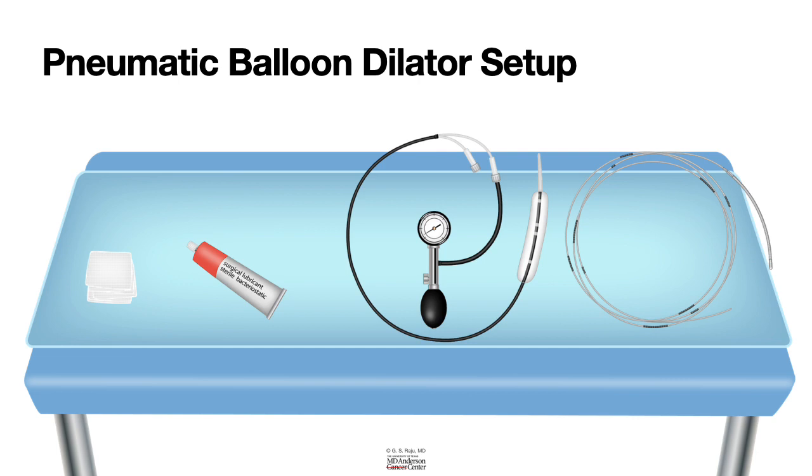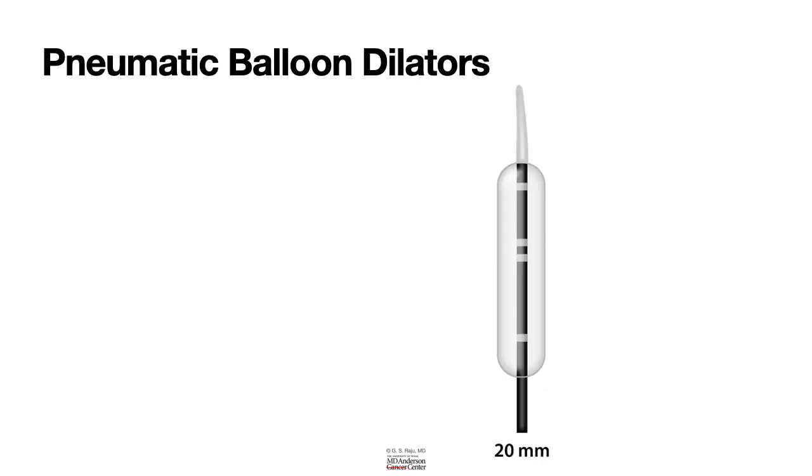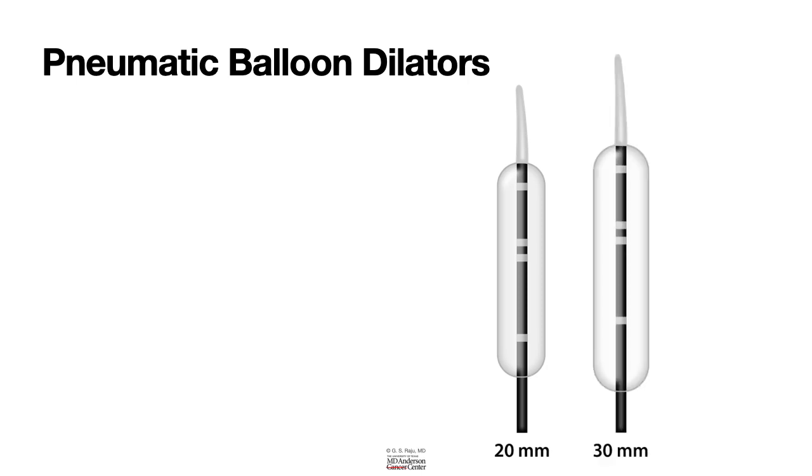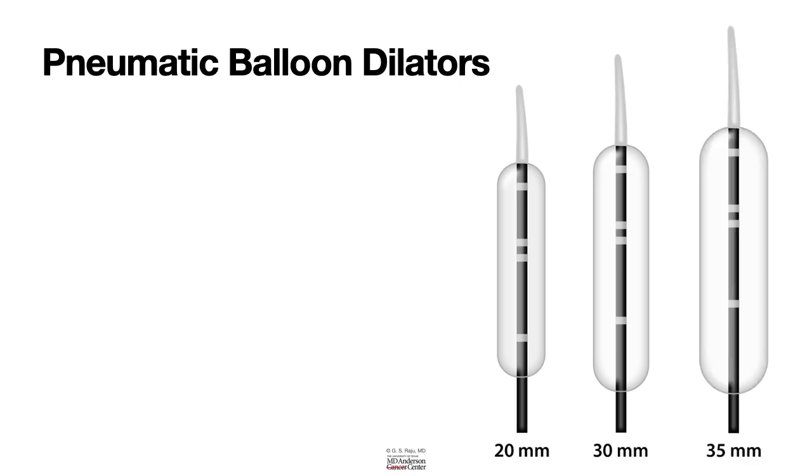These are based on the diameter of the balloon. So this is a 20 millimeter balloon. You could also have a 30 millimeter balloon or even a 35 millimeter balloon. The larger balloons cause more disruption, more likely to cause perforation, so the endoscopist may try to start with a smaller balloon.